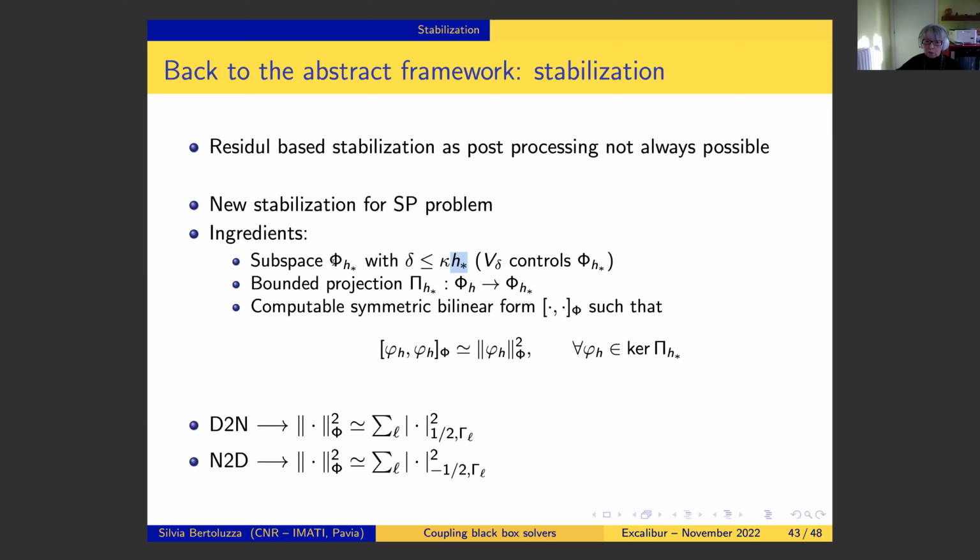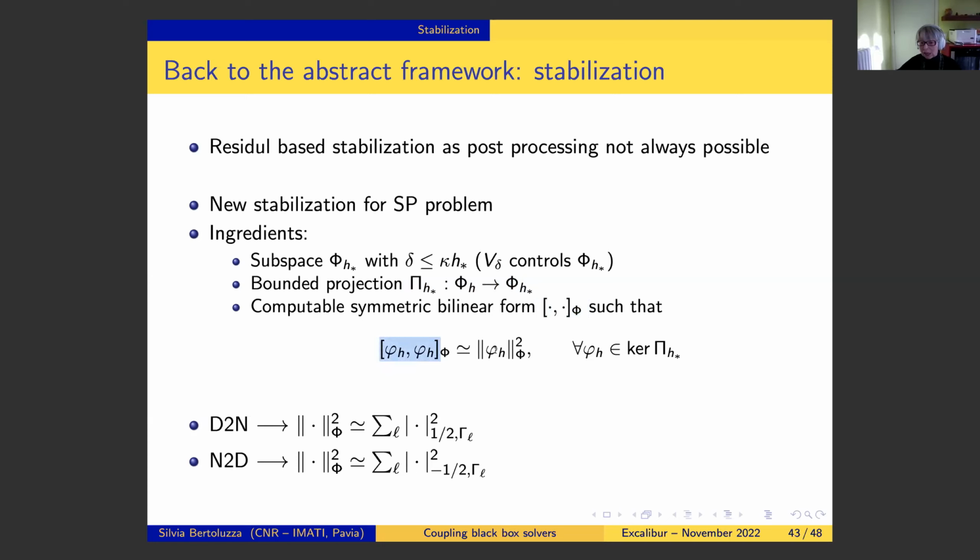Okay, so for the subspace phi H star, the problem would be well posed. And then I control the difference phi H minus phi H star by introducing a bounded projection from the finer to the coarser space and a computable bilinear form satisfying a norm equivalence.